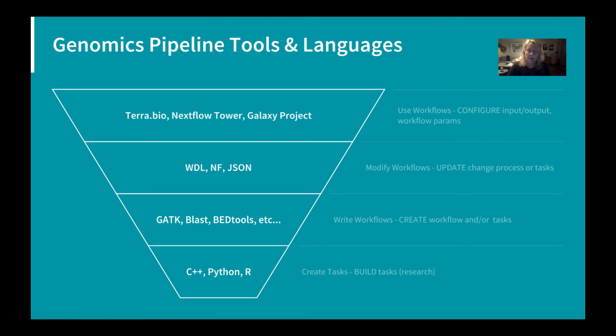Now, if you use a workflow, then you need to understand what's available, which workflows are there, and then how to configure them. So configure the input and output, and then very importantly, the workflow parameters, like how much compute you want to use, and what your batch sizes are, and many, many parameters, so that you can run your workflow within your cost structure and your time result.